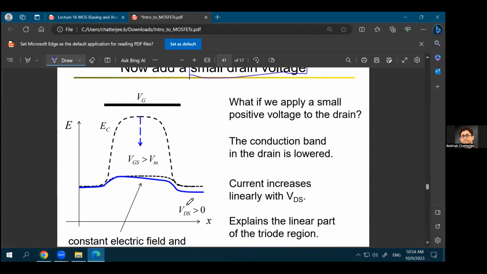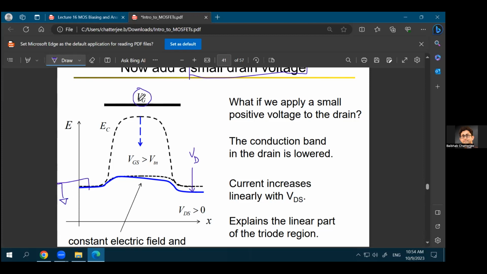As you are applying a small drain voltage, your VDS becomes more than 0. So the energy on the right hand side will come down even further. You had already reduced the energy below the gate by applying a positive gate voltage. By applying a positive drain voltage, let's say you apply a positive drain voltage here and assume that the source is always grounded.